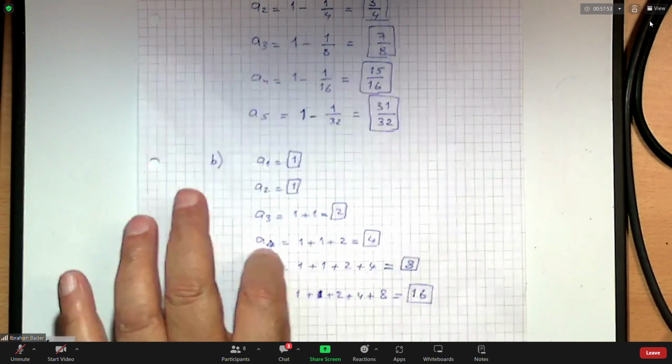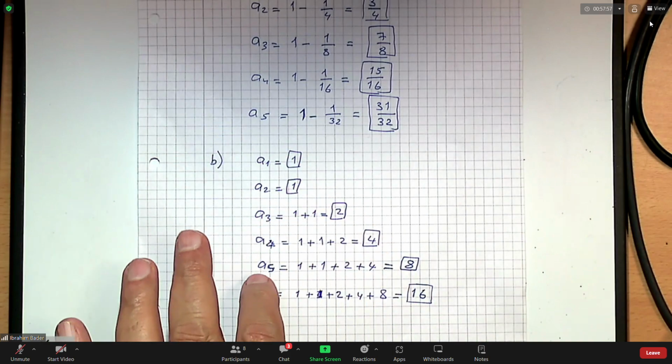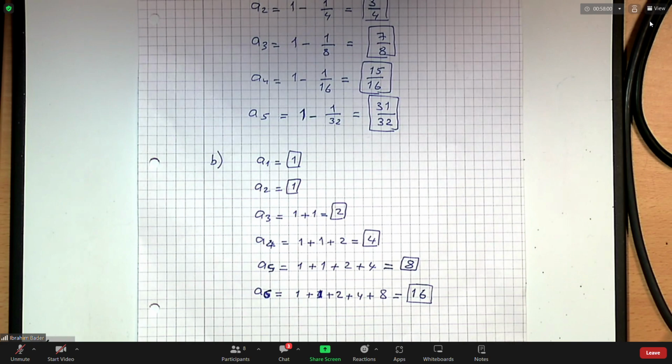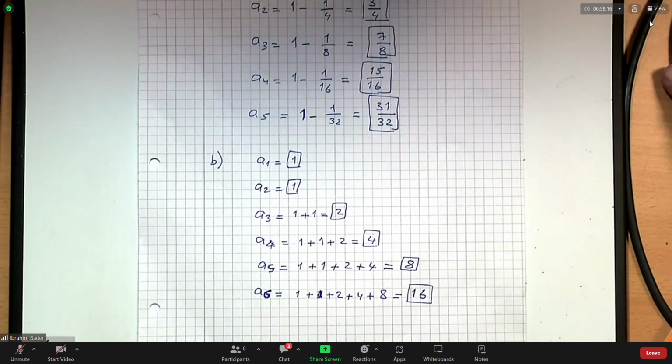For A4, you add all the previous elements, 1, 1, 2, 4, and so on. So this is the meaning of this sum symbol. It's all elements up to a sub n minus 1. That means all elements to the left of the current element are added up and you have the right value. Okay, got it, right?